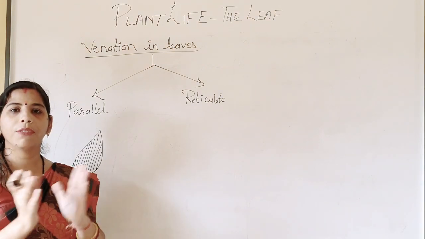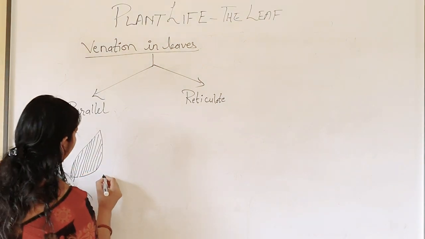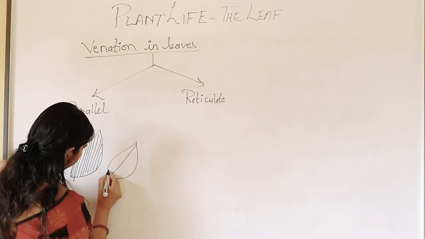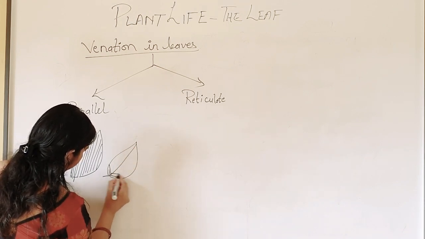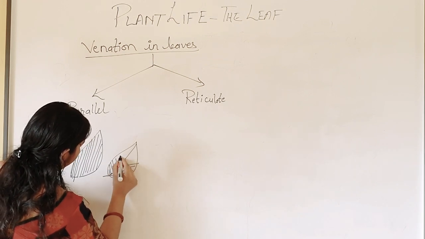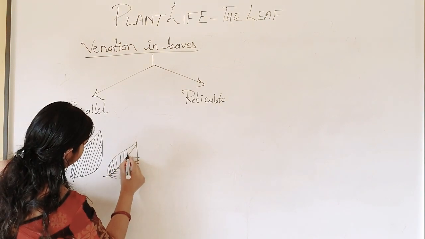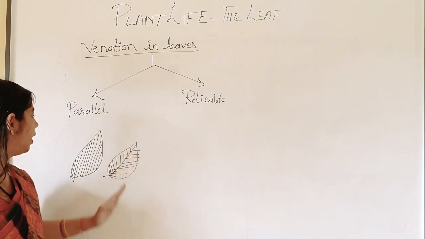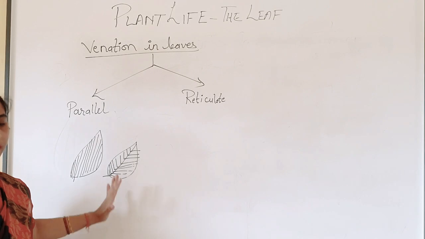There is no difference between the lines. You can also see it like this. This is the parallel venation. Here there are no differences in the lines.